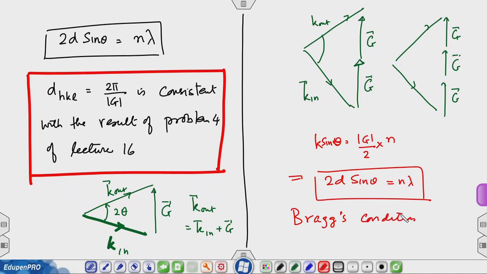So, all these conditions, the Laue condition, the Ewald construction, the way we have derived this mathematical condition are equivalent to Bragg's condition. So, now what we have done is we have set up the entire mathematical machinery to determine crystal structure through X-ray diffraction.